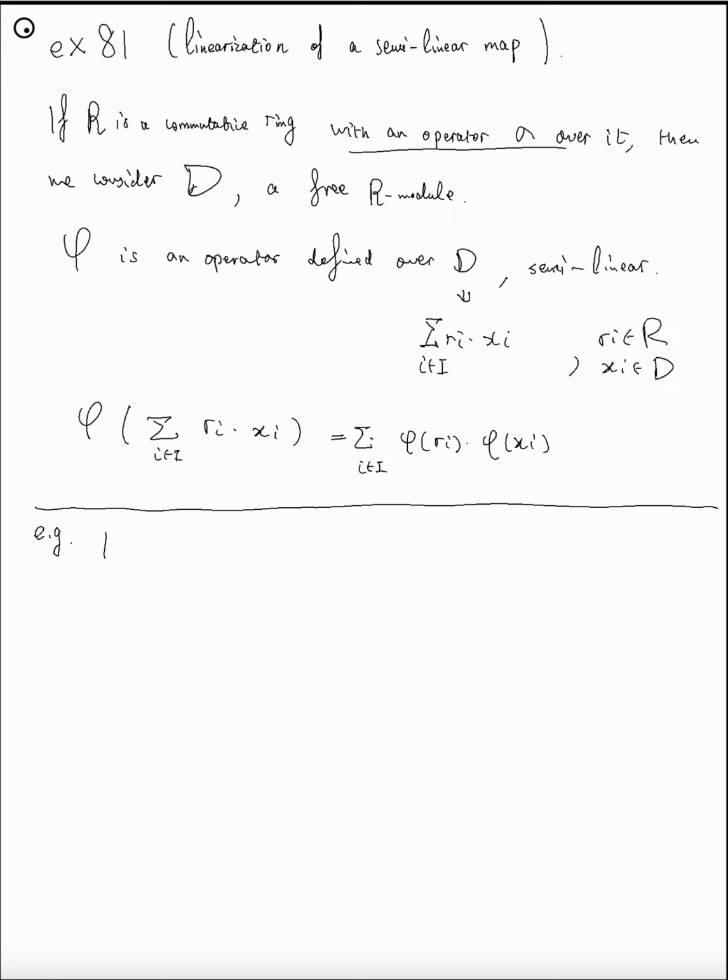Let's start with a very easy example. Let's say R is some finite field F_q, and denote phi the Frobenius defined over it. Then if you consider those F_q vector spaces, we call this Frobenius big Phi.